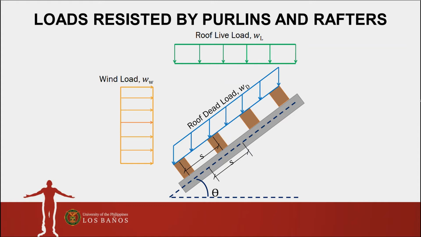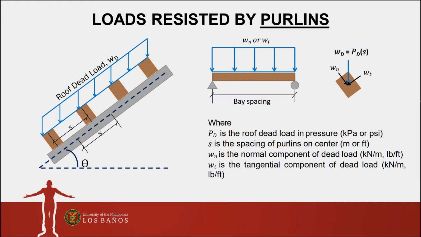So for the loads resisted by purlins, the roof dead load, as you can see here, is a gravity load that is projected on the inclined length of the rafter.